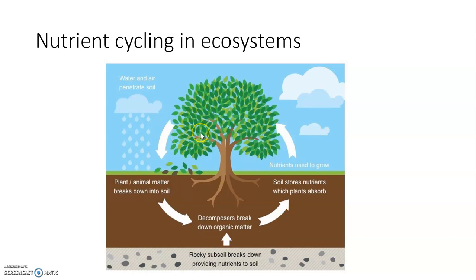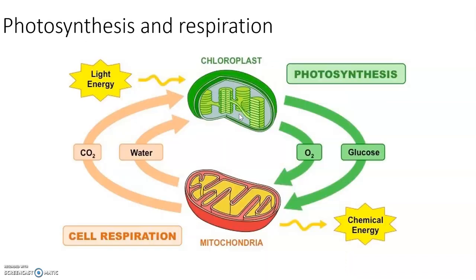And also that the organic matter produced by the producers is eaten by animals or broken down by decomposers, and again becomes inorganic nutrients in the soil that can be taken up by the roots and built into the biomass of the producers, right? So nutrients are recycled in ecosystems.